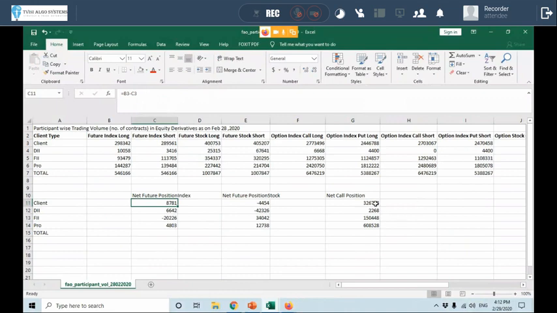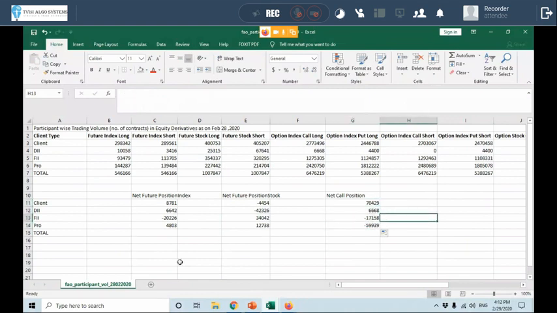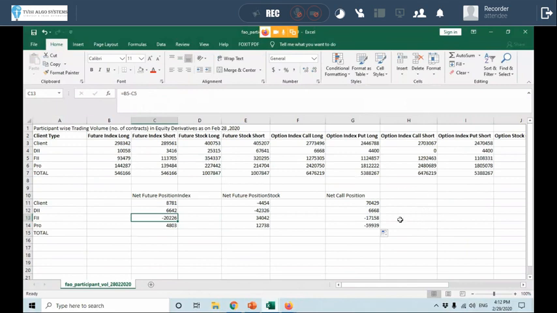This is called long and this is called short. So client is buying calls because the net call long quantity is higher. DII has bought calls. FII is selling calls. So FII is selling futures, FII is selling calls.